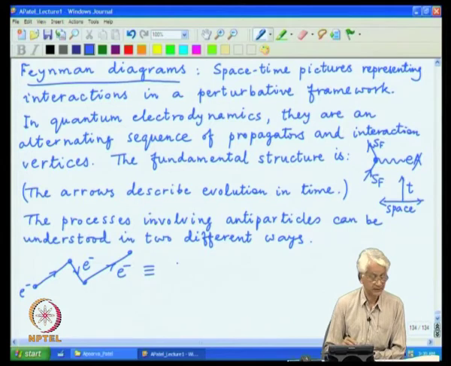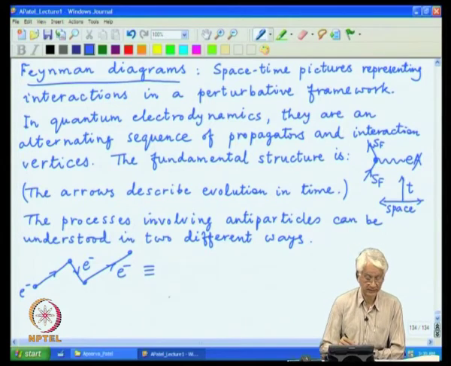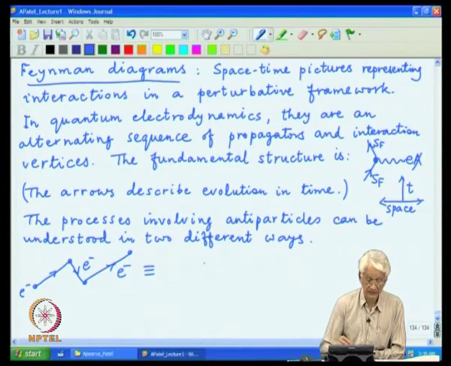and with this Feynman-Stueckelberg interpretation, which we have already built inside our formulation, the same diagram can now be drawn with arrows pointing the opposite way for this intermediate segment.